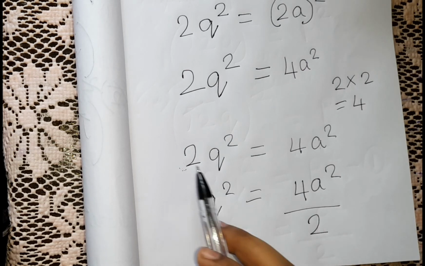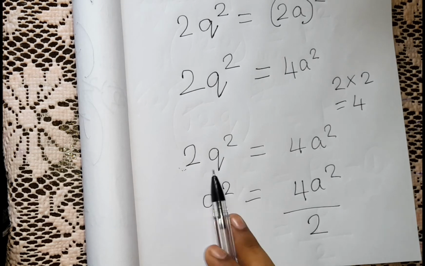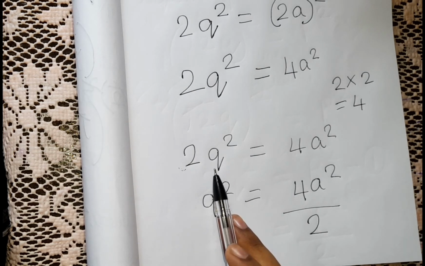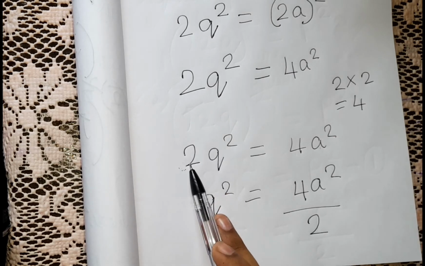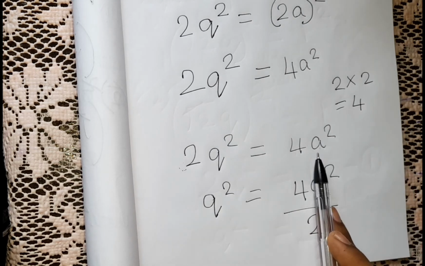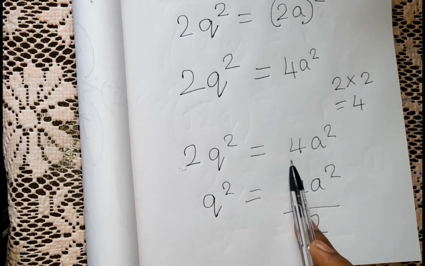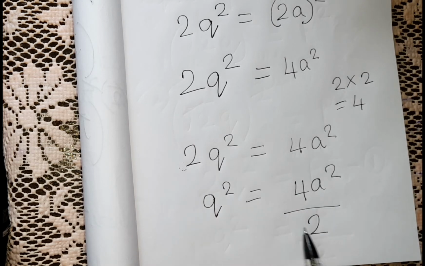So whenever you have a multiplication form on this side, that is 2 into q or 3 into q, or some other number, then we should come to the next side by crossing this bridge, and it changes its sign, that is from multiplication it changed into division. So now it is q square is equal to 4a square by 2.